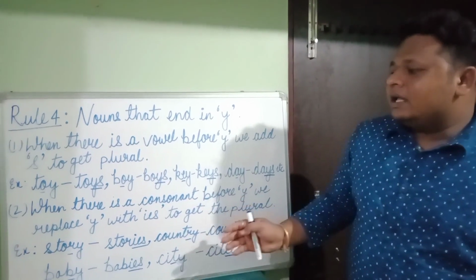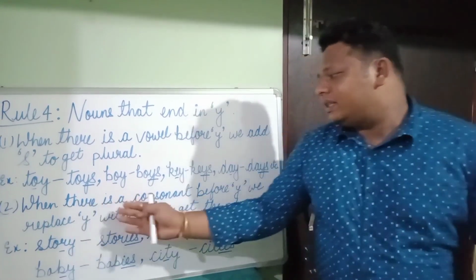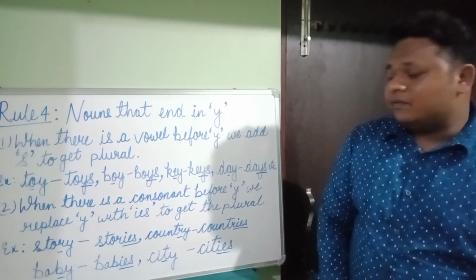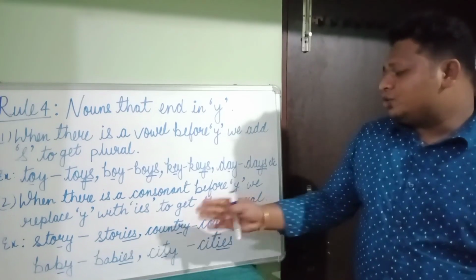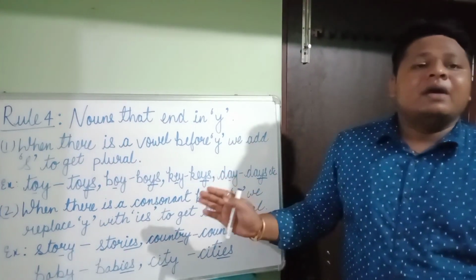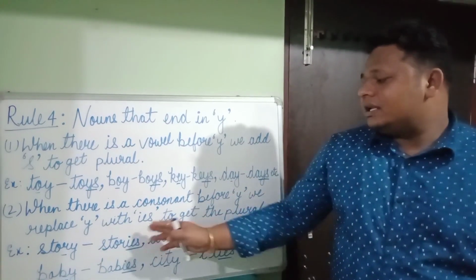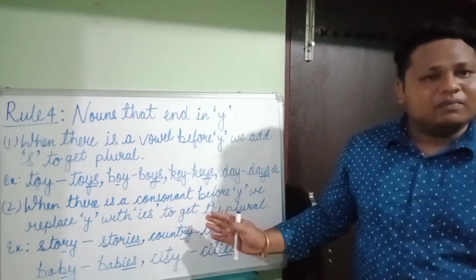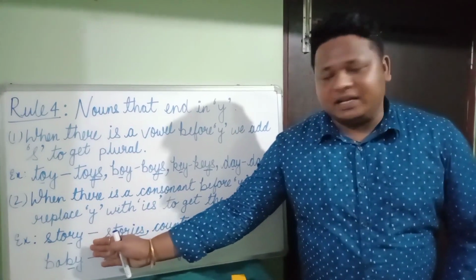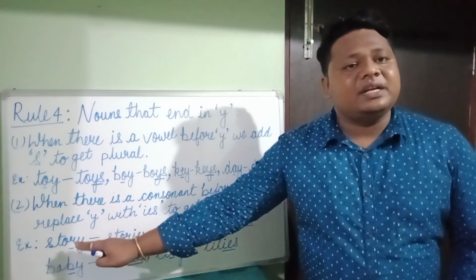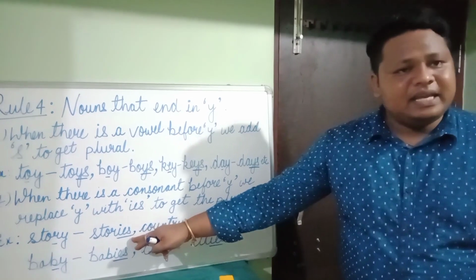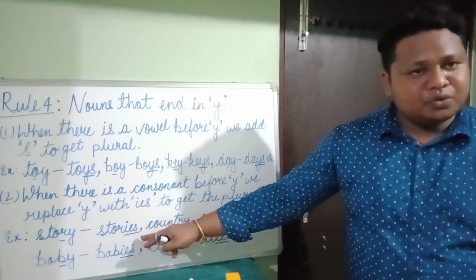Here we had the vowel E, here we had the vowel A, so we added S to make the plural form. Now the second condition: when there is a consonant before Y, we replace Y with IES to get the plural form. Let us see some examples. Story. Here we have the consonant R before Y, so we replace Y with IES and make the plural stories.